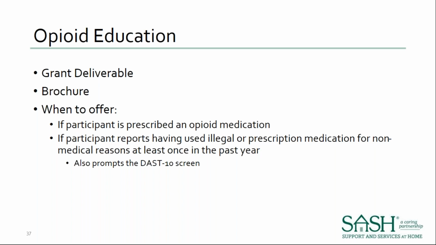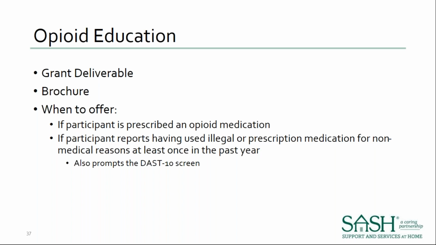We are already asking participants if they have used an illegal or prescription medication for non-medical reasons at least once in the past year, and that shows up on the pre-assessment. If they say one or more, you would already go to the DAST-10 and screen them, but we're now asking that you offer them education surrounding this.